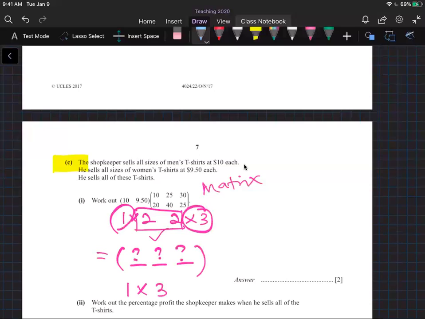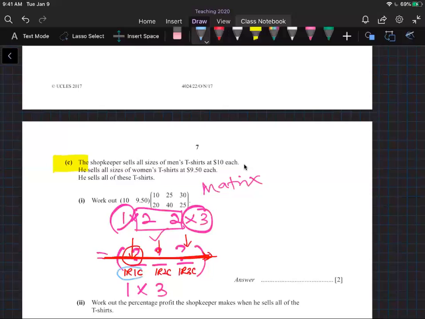So how do we multiply? Let's label this first. This is first row first column, first row second column, first row third column. These are the positions. First row and then the first column. Still first row, second column. Still first row but the third column.